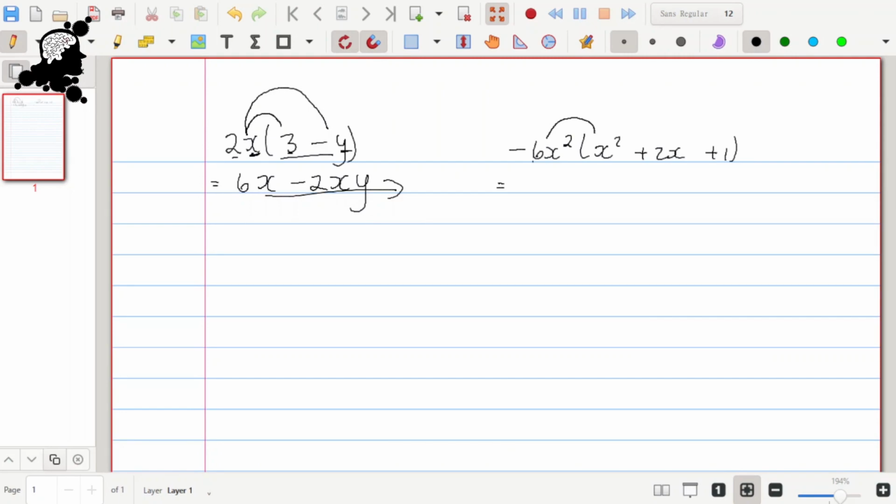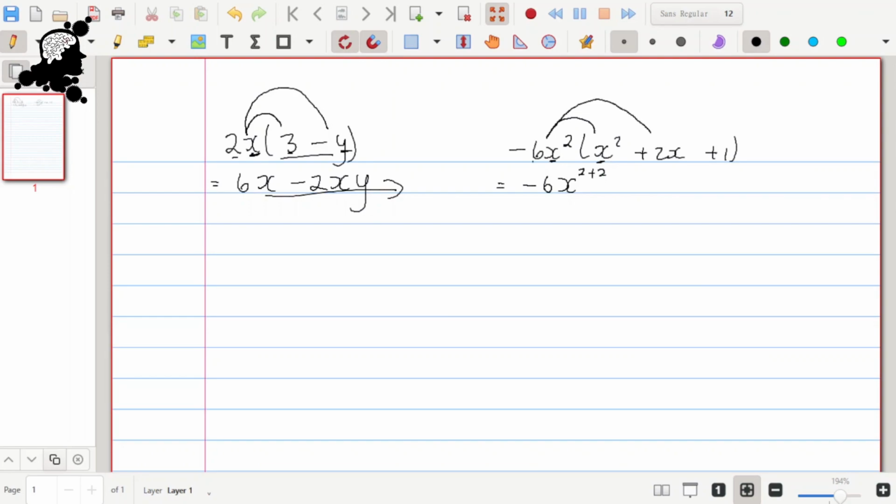Negative 6x squared times 1x squared. I multiply the coefficients. Negative 6 times 1 gives me negative 6. I've got x squared and I've got x squared. I've got the same variable. So what I need to do is add their exponents. Then I move on.